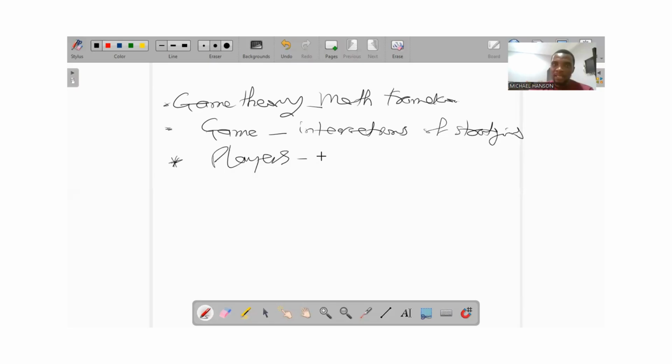And these players, like we remember, could be individuals. The players could be firms. The players could also be nations. I made a particular example with the strategic interrelationship between players like the United States and the Soviet Union during the arms race. Each party wants to disarm, but to disarm means that you leave the other party at a strategic advantage.